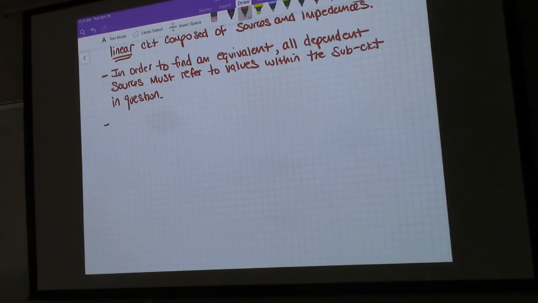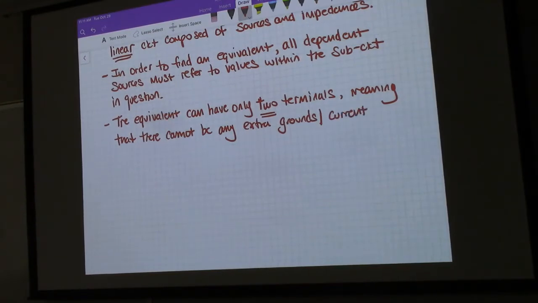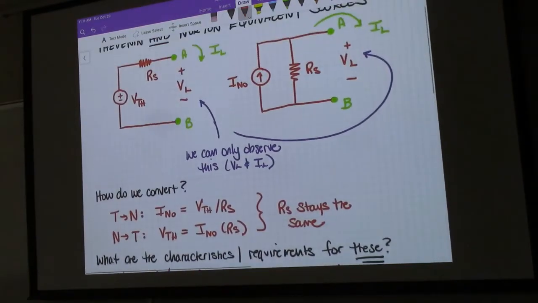And then lastly, the equivalent can only have 2 terminals.